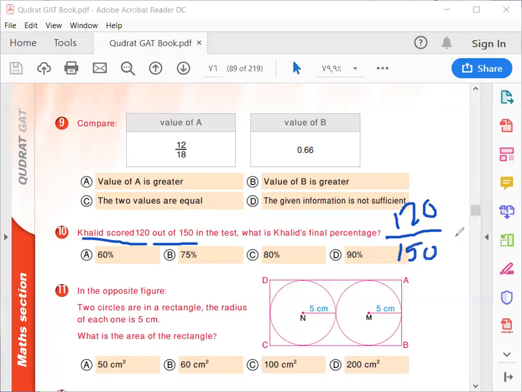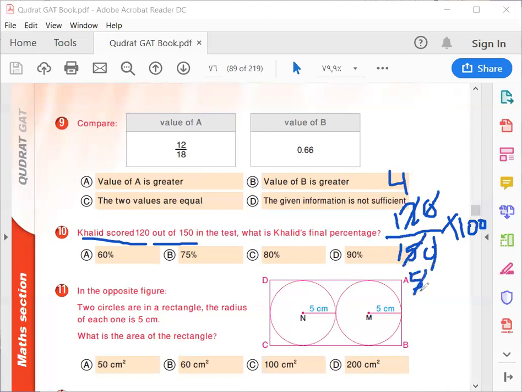Then you multiply it by 100 to find the percentage, right? Then you can simplify 0 with 0, and also 12 over 15 you can simplify by 3. Also you put it here 4 and divided here by 3, it is 5.